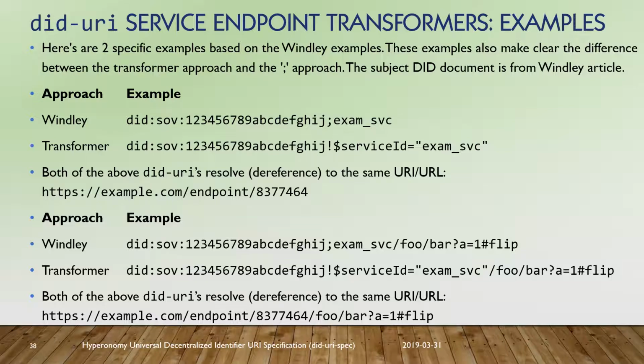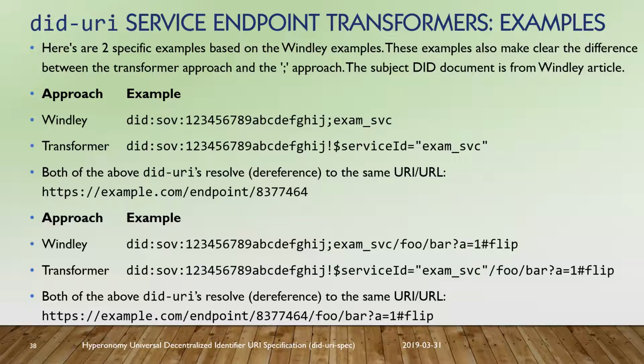The second example in the bottom half of that page goes a little bit farther and shows us a more complex example. In the Windley line, it's the same DID as before, and then ;exam_SVC/foo/bar?a=1#flip. Using the did-uri-spec and the transformer notation, specifically for service IDs, we would say that the did$service ID equals exam_SVC, and then just the rest of the parameters.